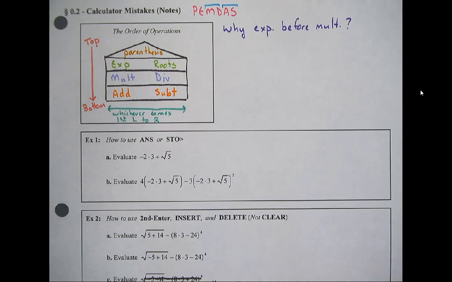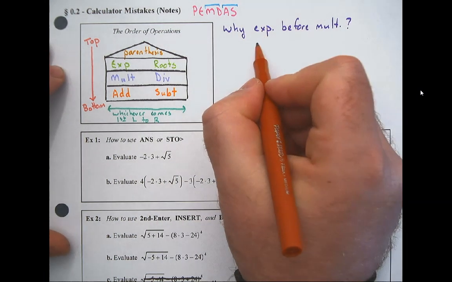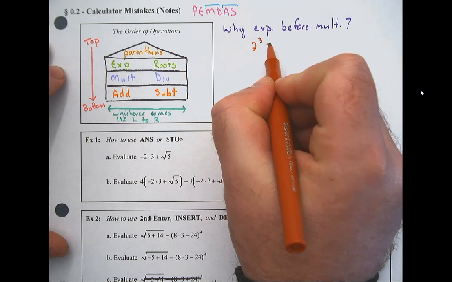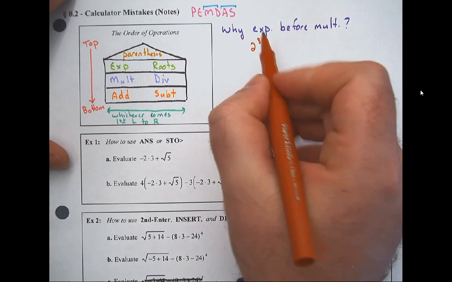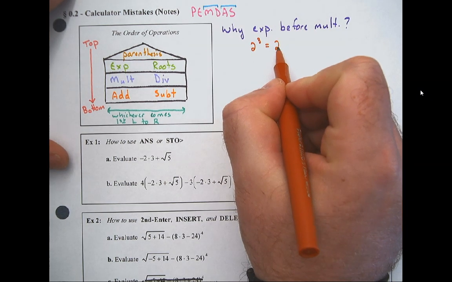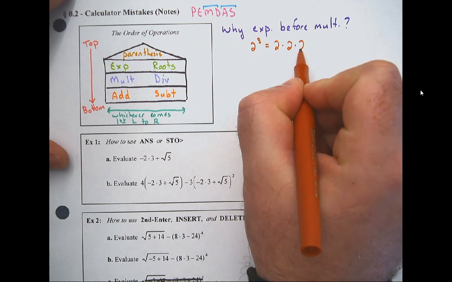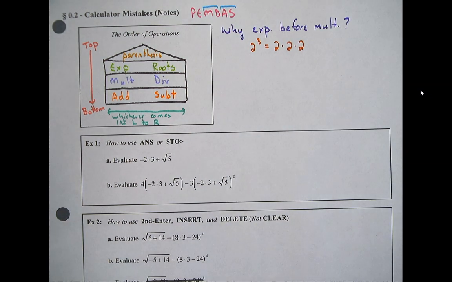Well, let's think about what exponents really are. Let's take something like 2 to the third. 2 to the third really means, I know it's 8, but what does it mean? If you're trying to teach somebody why it's 8, I would think you'd say something like, well, 2 to the third means 2 times 2 times 2. So 2 times 2 times 2, all of a sudden this exponent thing just became what operation?